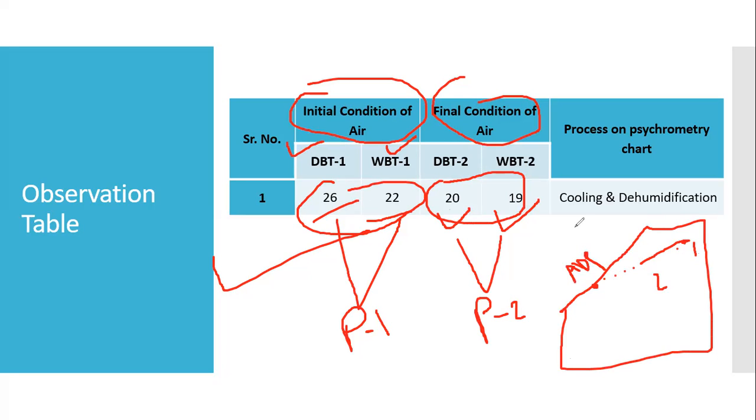Now I am just opening the psychrometric chart, and once you plot it, your lab session is over. Okay. So just write it down. For point number 1, 26, 22, and point number 2, 20 and 19. So opening the psychrometric chart, you just plot it and tell me the ADP.